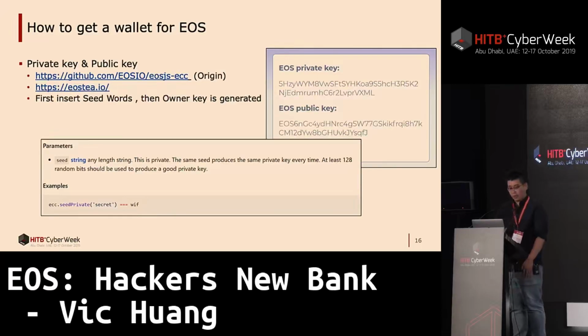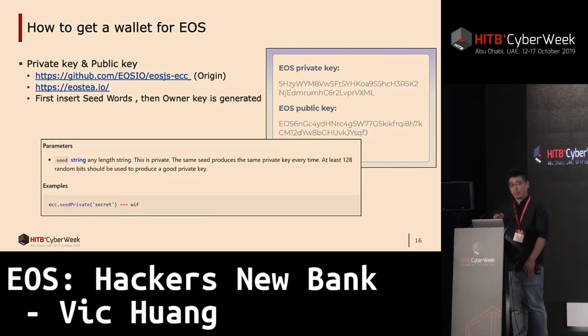And the second one, EOST, is a China project. They just imported the tools into a website, so when you view the website, you can push one button to create your own key pair, and then you can use the EOS wallet.